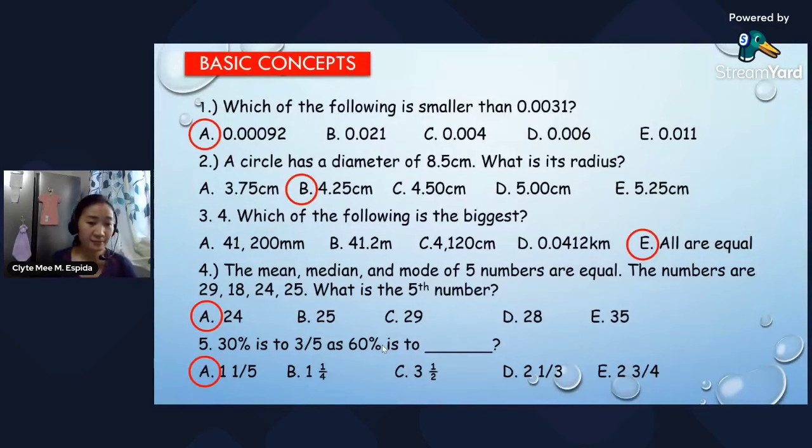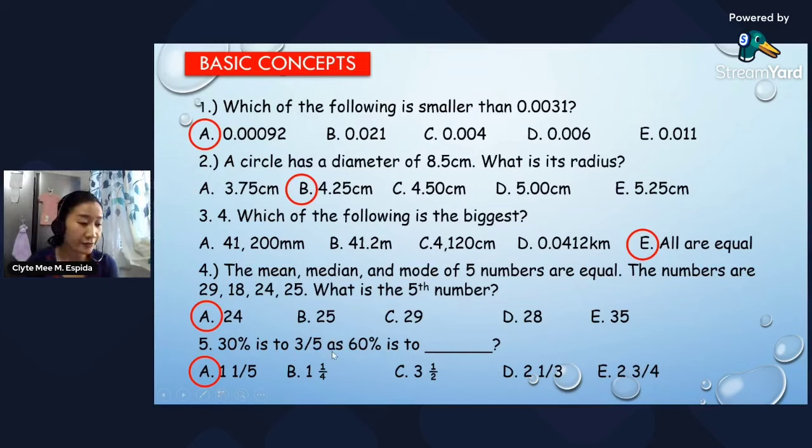Why letter A? From 30% rather to 60%, you double the percentage. So 30 times 2, that becomes 60. Whatever your constant, that is 2, kasi dinoble natin, you're going to multiply that to 3/5.